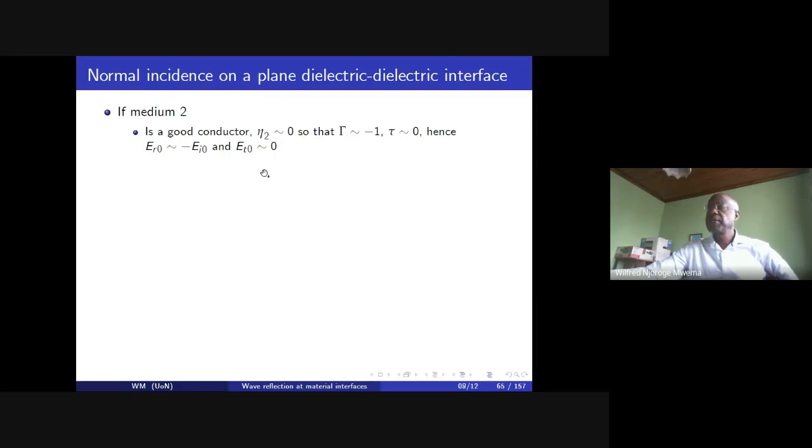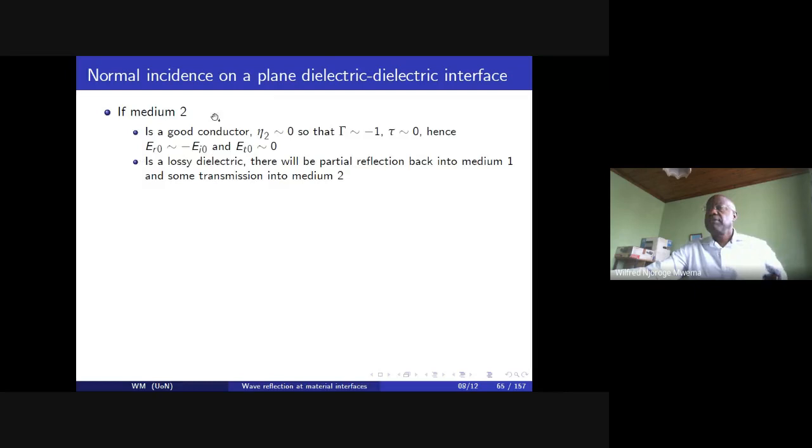This is what I was talking about, that we can just use a plain dielectric-dielectric interface to discuss the reflection and refraction properties of a wave at an interface, so to speak. Then use the appropriate parameters for the media to make deductions as to how the wave components are related to each other.